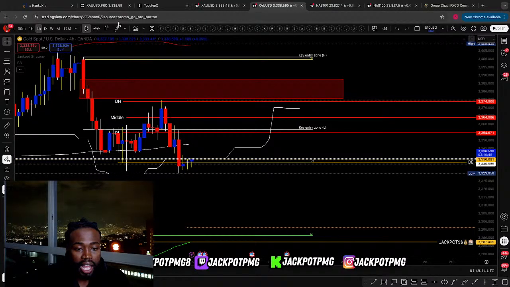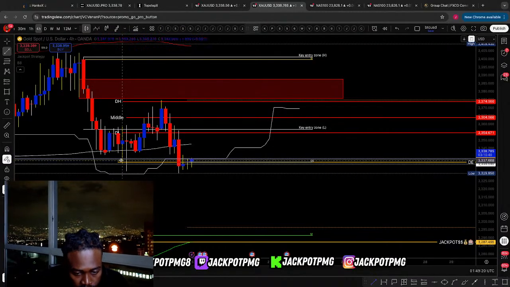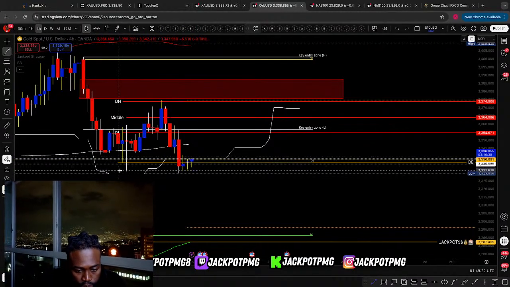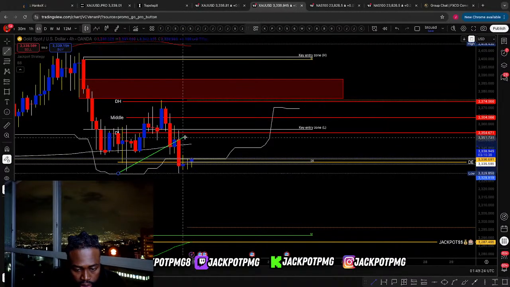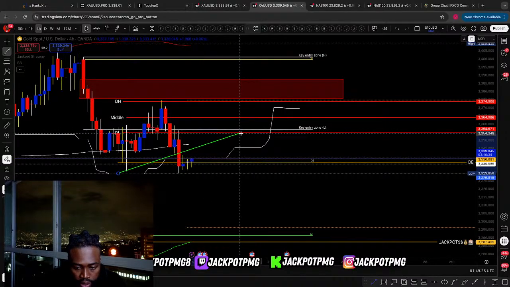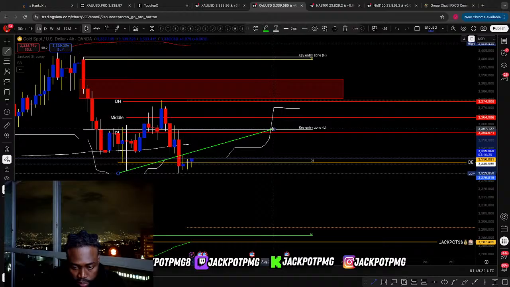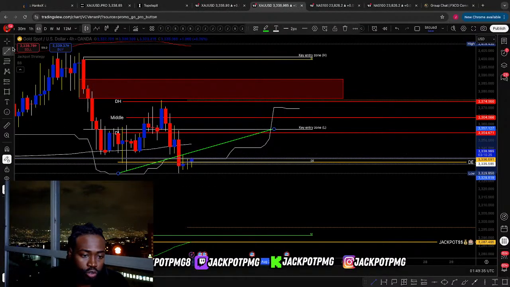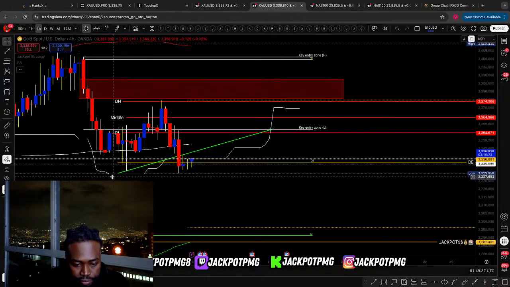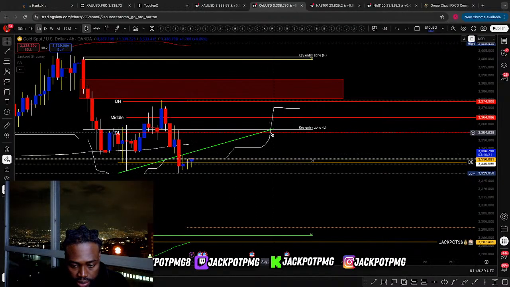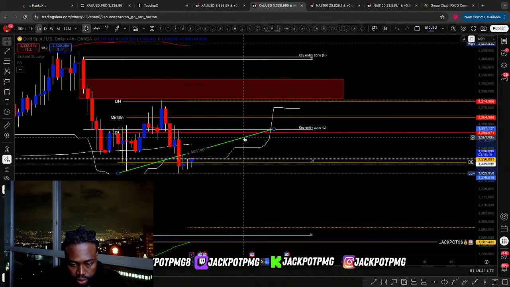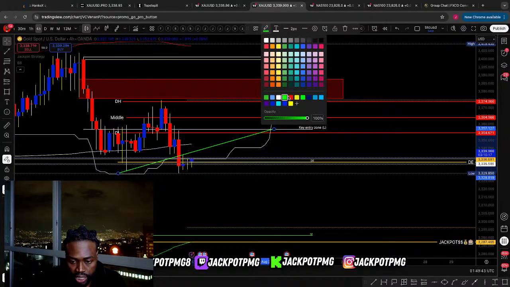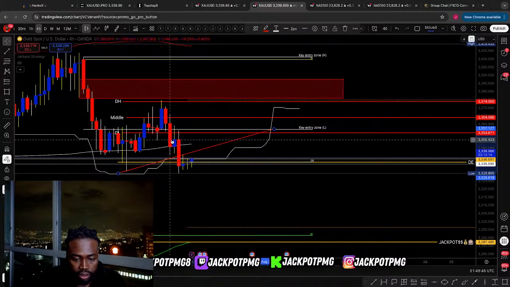A part of me wants to draw a small trend line just to show some respect to this H4 middle here, and when price tests it, I'll know how I'm going to react, because that's where I want to really execute for a big trade if we don't go fully for a buy. So I'm adding this trend line here for me to get that re-entry, and once I get that re-entry, that's where I'm going to lock in.